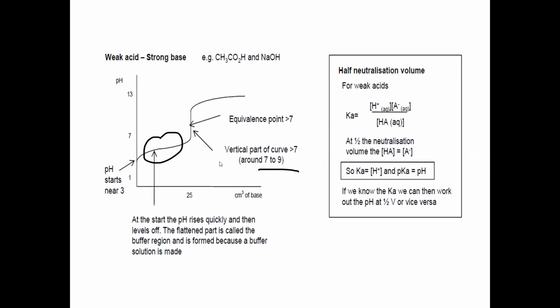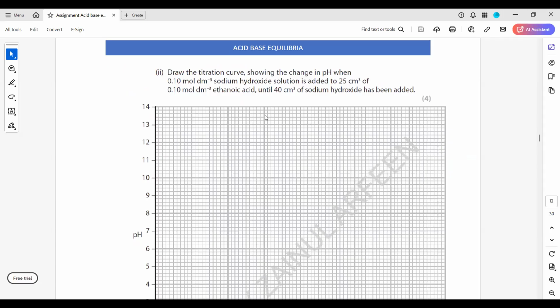And we have to work out the equivalence point as well. The equivalence point is when the mole ratio and volume ratios are the same. Sodium hydroxide reacts with ethanoic acid, CH3COOH, and sodium will take the position of a hydrogen. So it will form sodium ethanoate plus water.